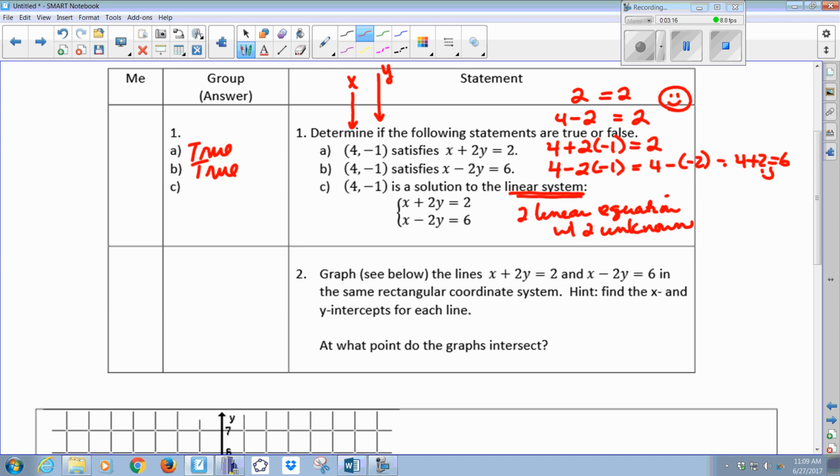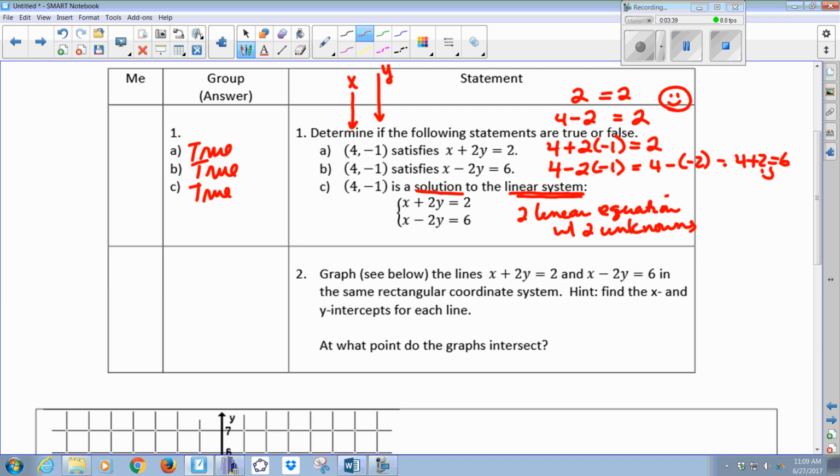When we look at two equations simultaneously like this, we're trying to find, if possible, an ordered pair that satisfies both of them. Since (4, -1) was a solution to both of these equations, we say it's a solution to the linear system, so that's true.